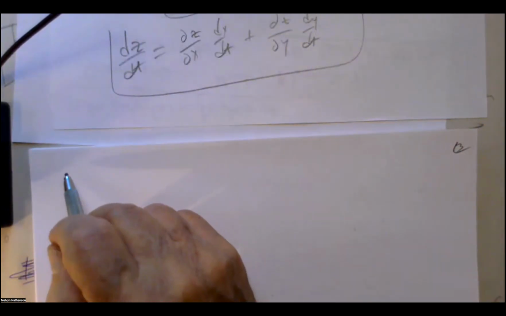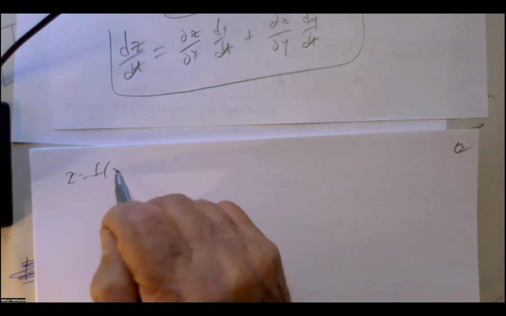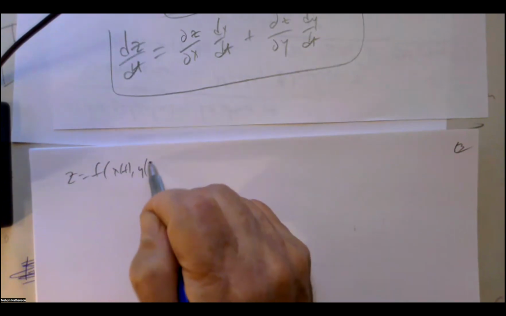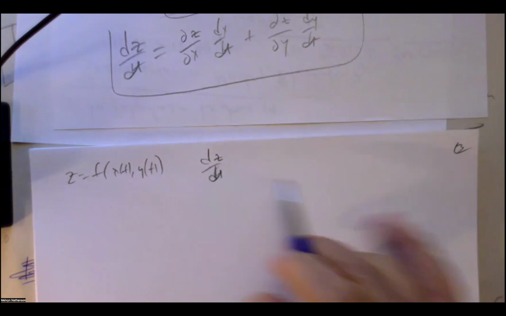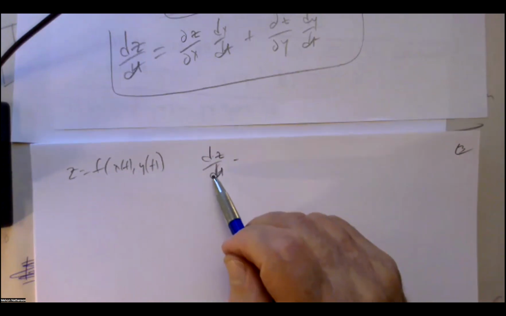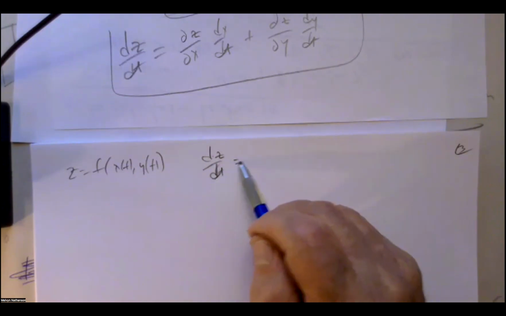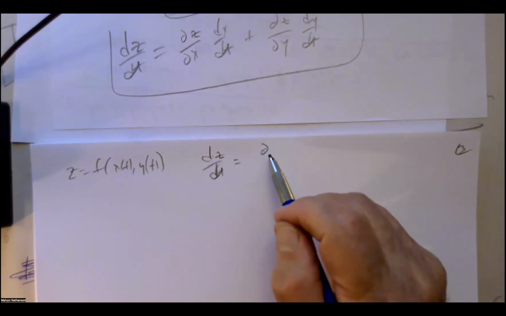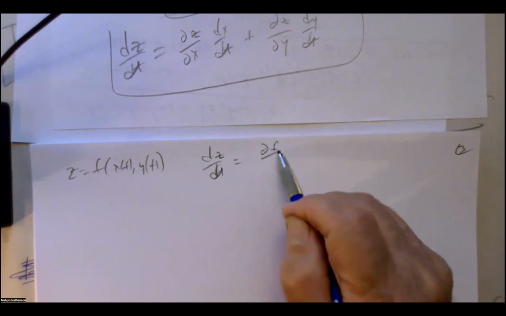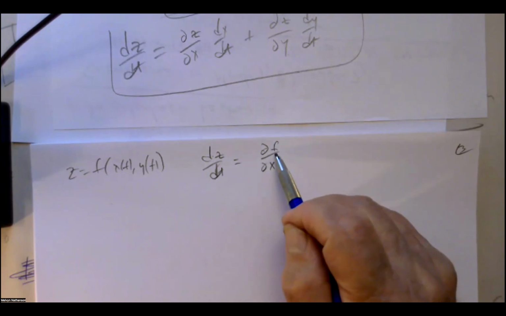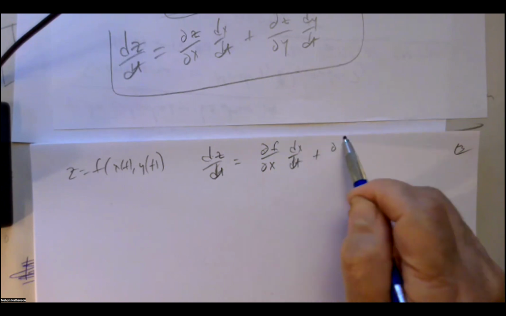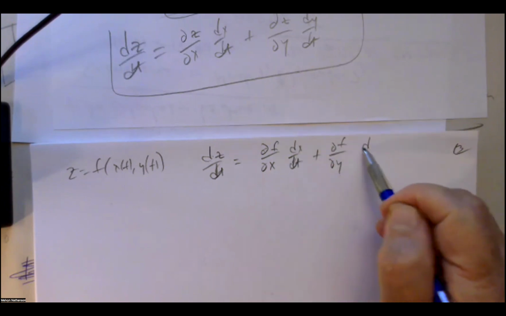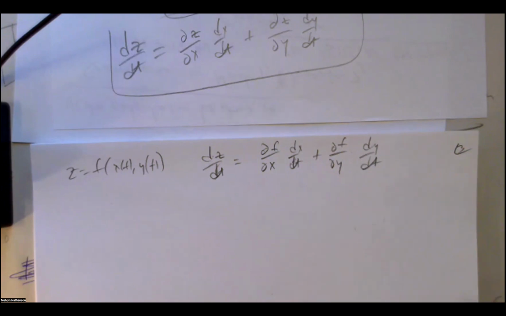So if z is f of x of t, y of t, dz dt, so this is an ordinary letter d, and these are the partial, the curly d's. Partial of f with respect to x, the partial derivative, times the ordinary derivative dx dt, plus the partial of f with respect to y, dy dt.